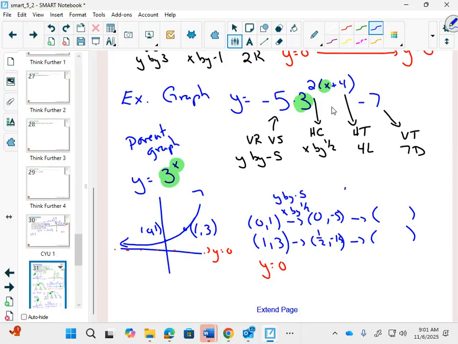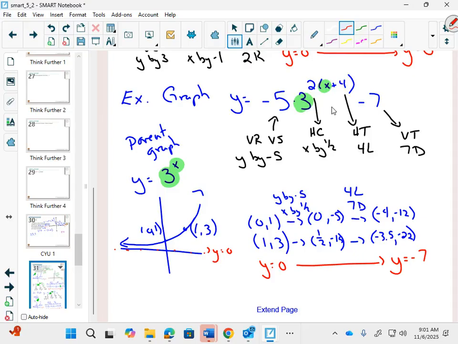Then we're going to go 4 to the left and 7 down. -4, -3.5. 7 down, -12, -22. And the only thing that's going to affect your asymptote is the fact that you're going down 7 units.